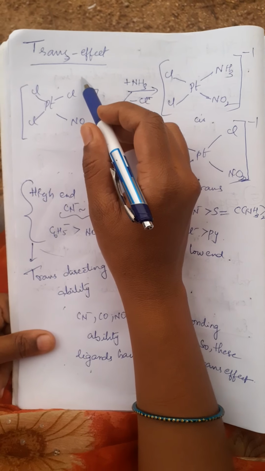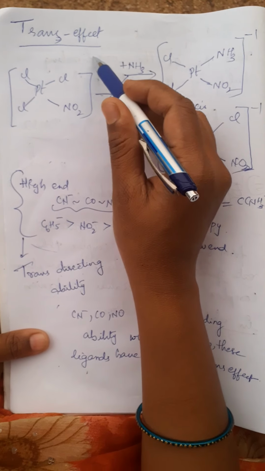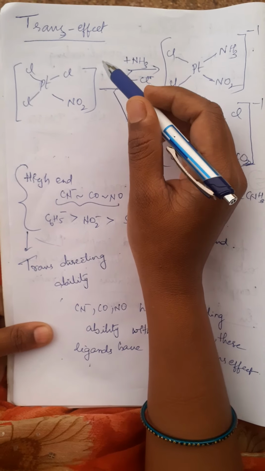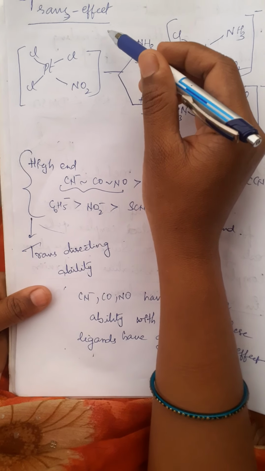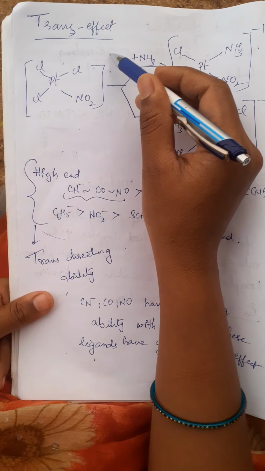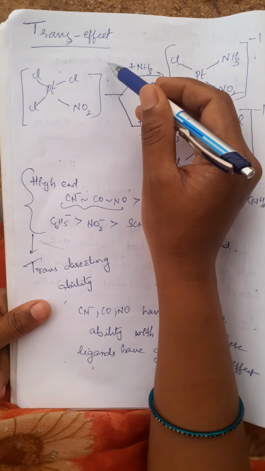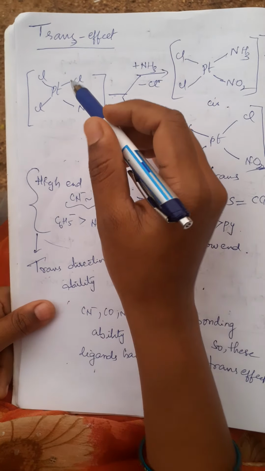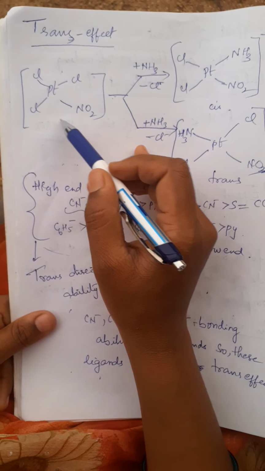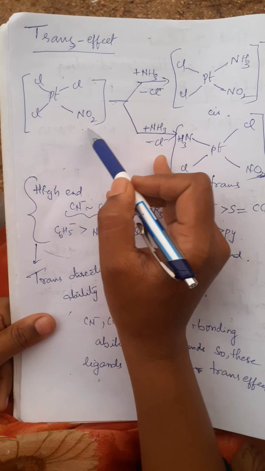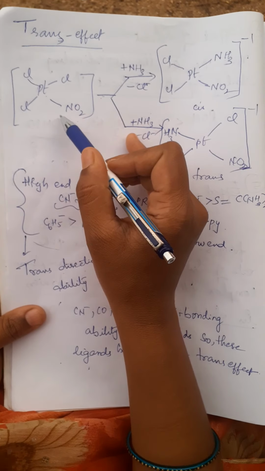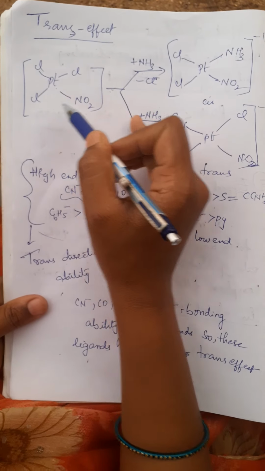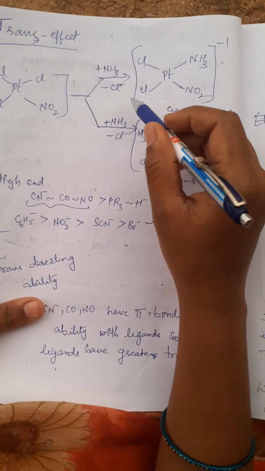Now let us discuss the trans effect. As I told you in the factors affecting the rate, the other groups present in the metal complex are one of the factors which can affect the rate of reaction. Now choose a complex with a nitro group as the central ligand, and chloride ions as the other ligands.